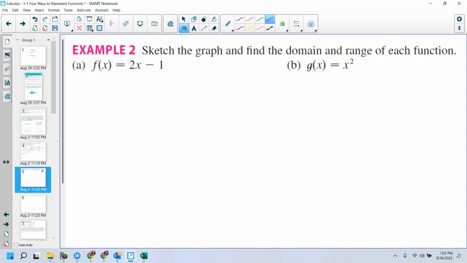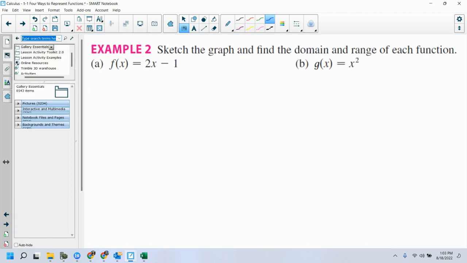Let me pull over a graph real quick. Oh, really? I've got to save all those again? Oh, boy. Where's my content? No, get out of here. Oh, well. It's not there. Zero items.